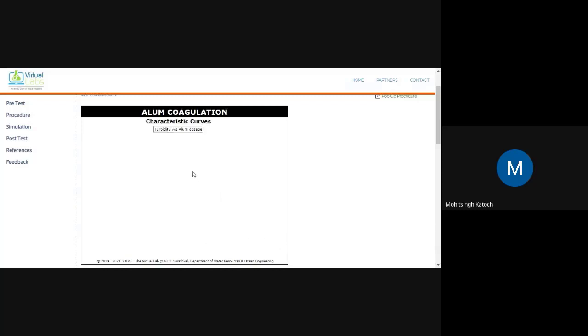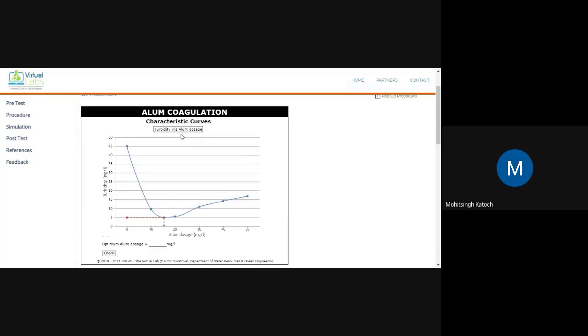So now we will draw a characteristic curve of turbidity versus alum dose, and from this curve we will find out the optimum dose of coagulant. So you can see here in first sample initially when alum dosage was 0, on x-axis we have given alum dosage in milligrams per liter, and on y-axis we have given turbidity.